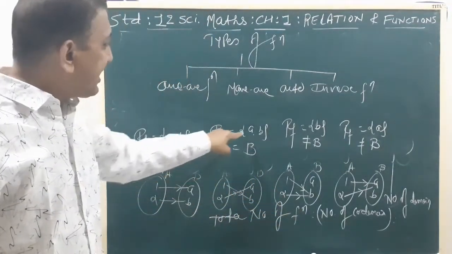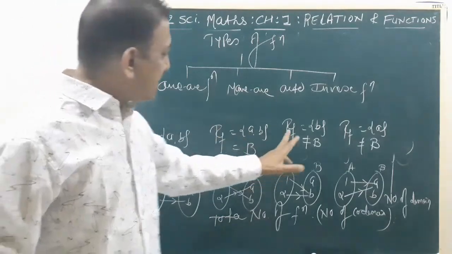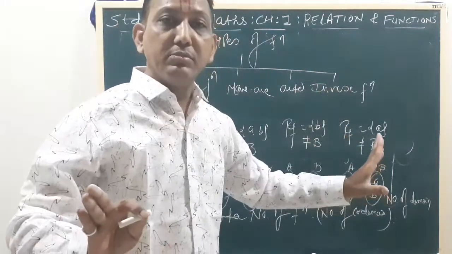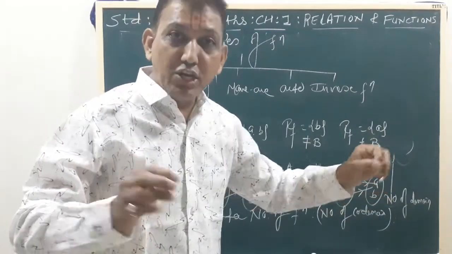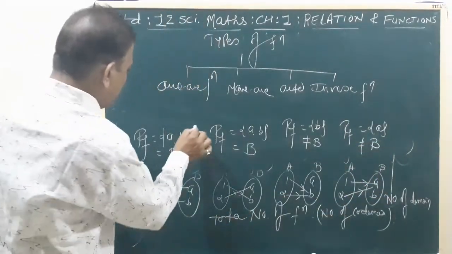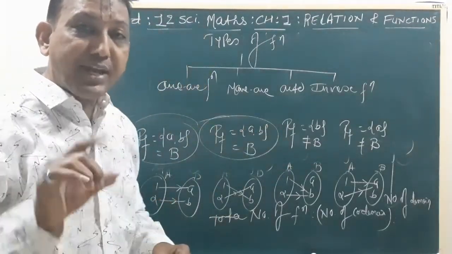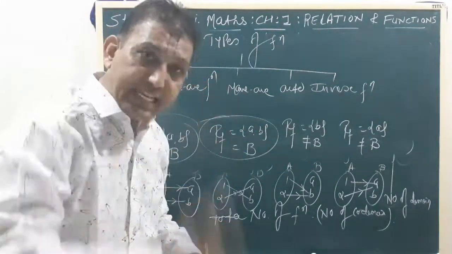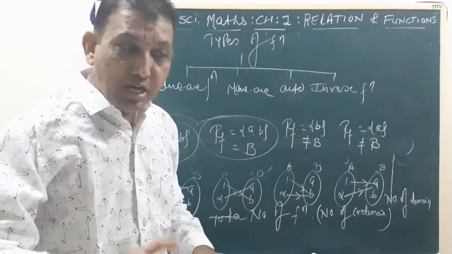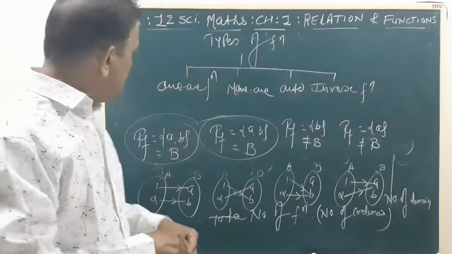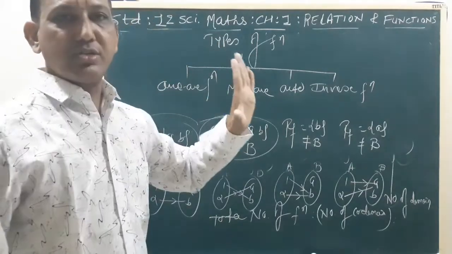Range and codomain are the same, and in the last two, range and codomain are different, not the same, right? So what's the meaning of onto function? When range and codomain are the same, it is called an onto function.